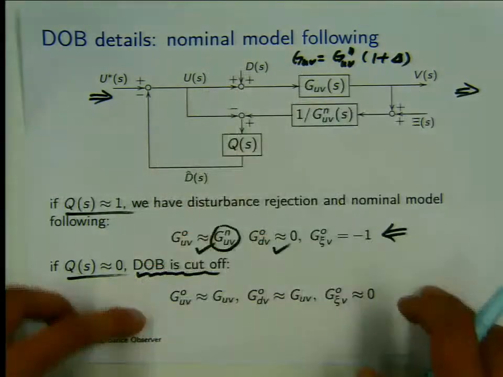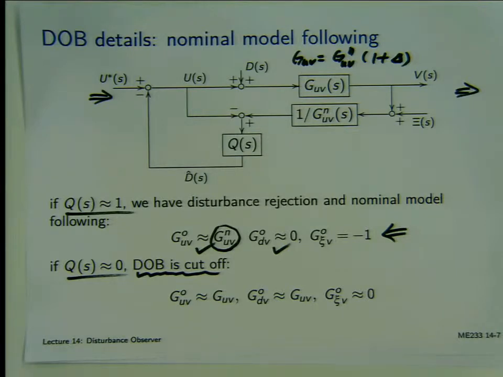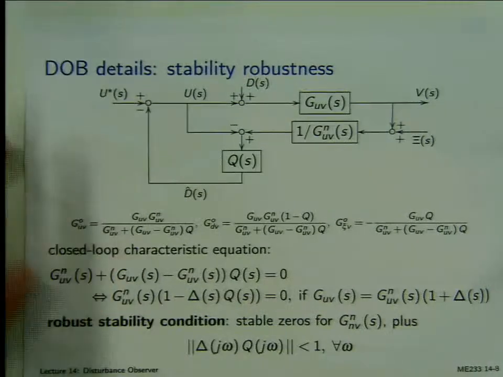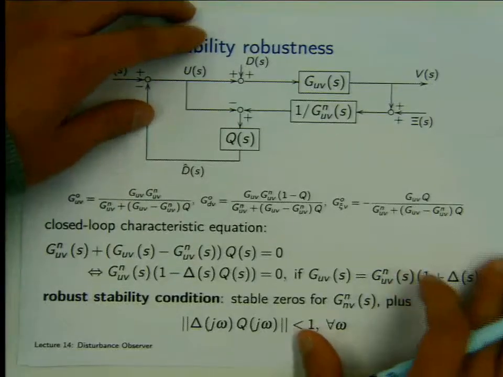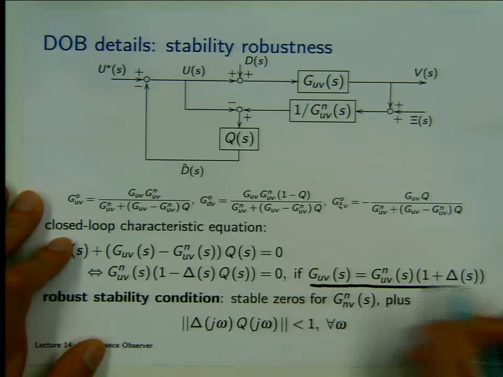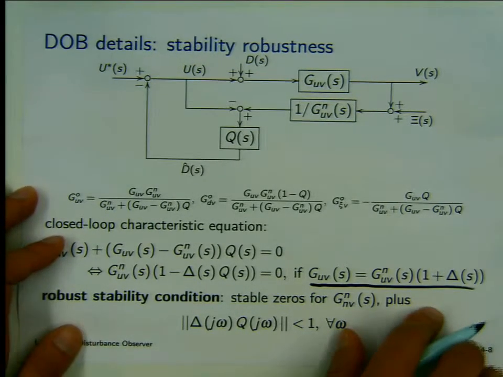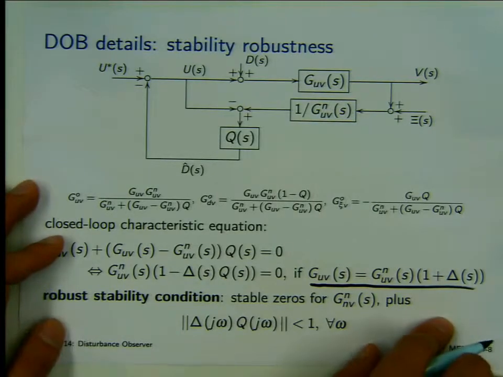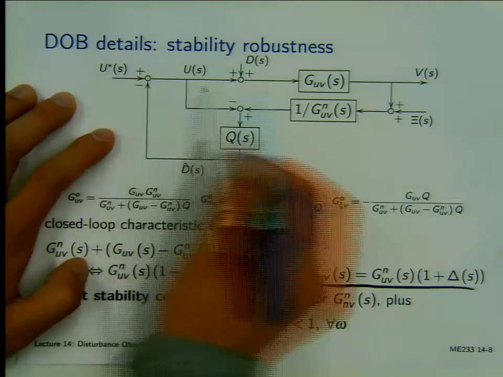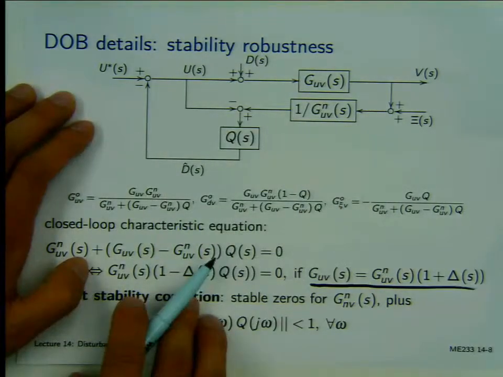We haven't discussed that yet, and that's the topic of this slide. So over here, if the actual plant is different from the nominal plant model, we have this uncertainty over here. And I want to analyze the stability robustness of this feedback system.